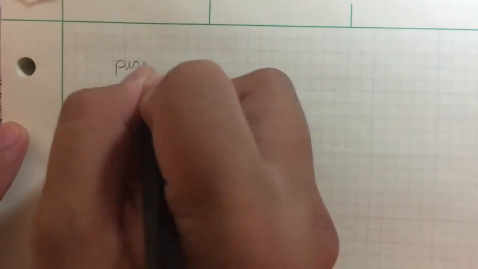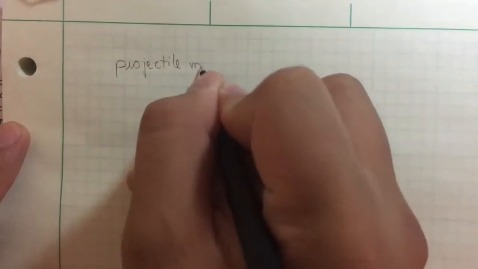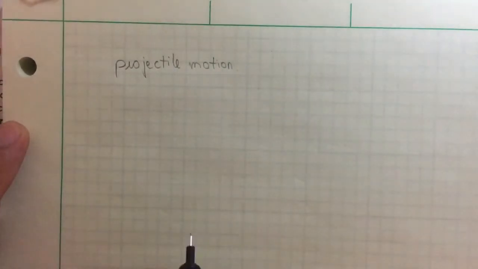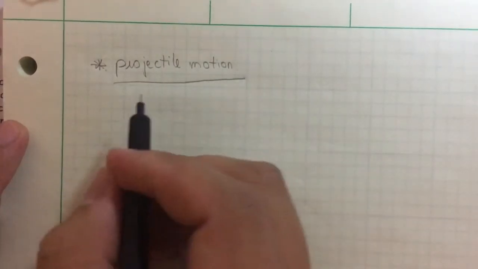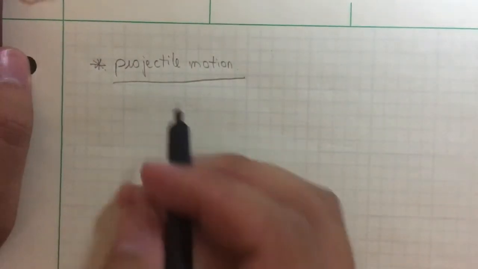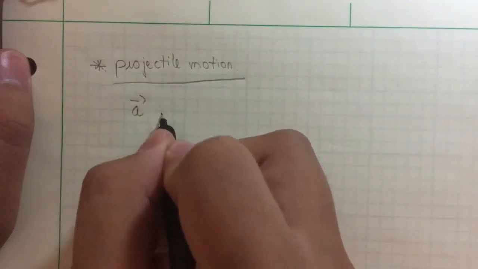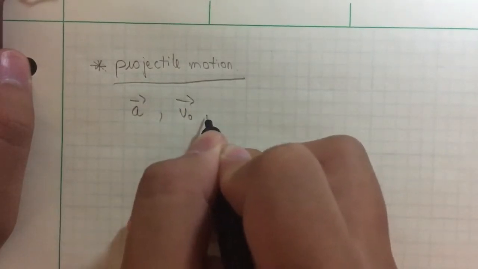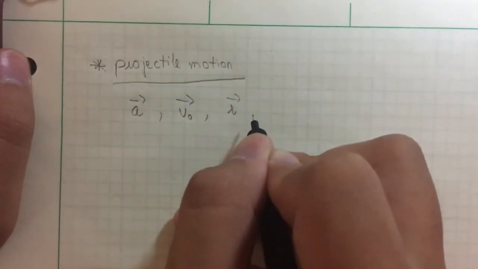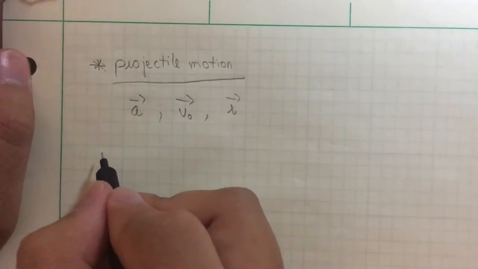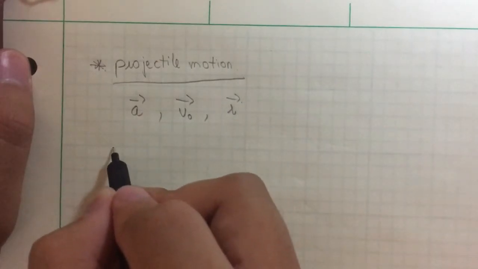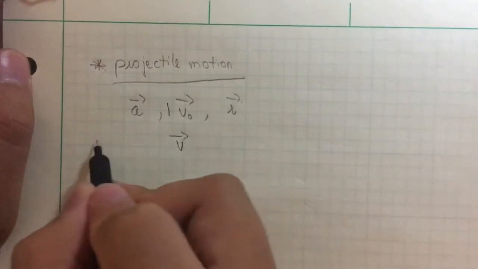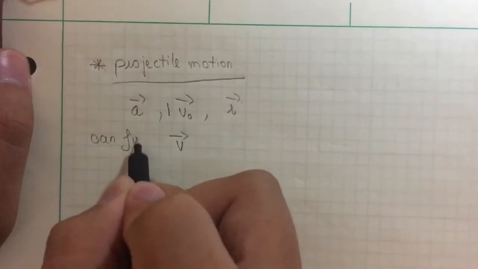Let's look at projectile motion. If the acceleration, the initial velocity, and the position are given, then we can find the velocity and the position vector by simple integration.